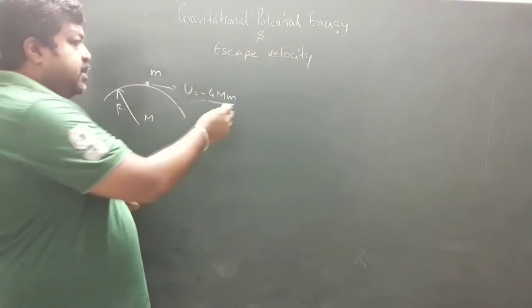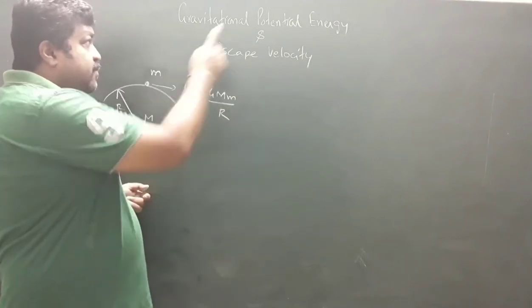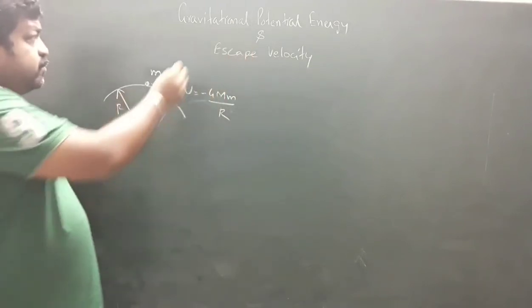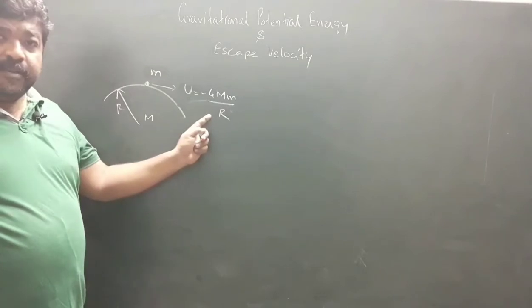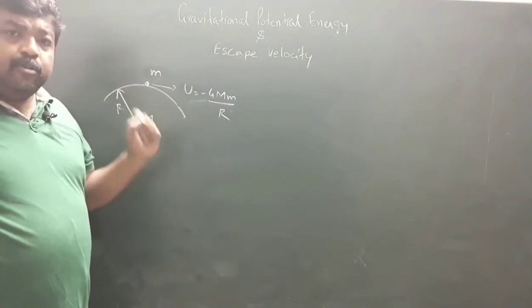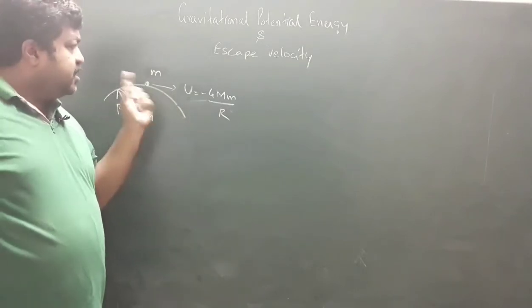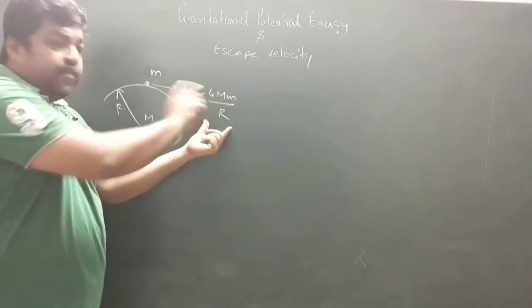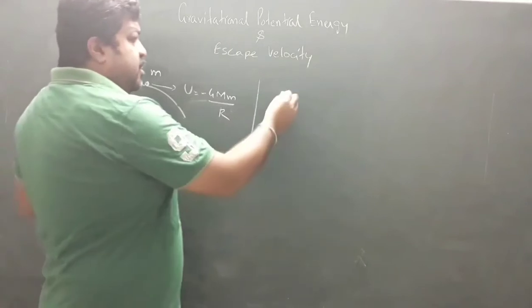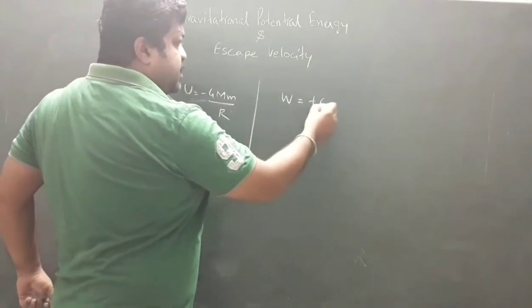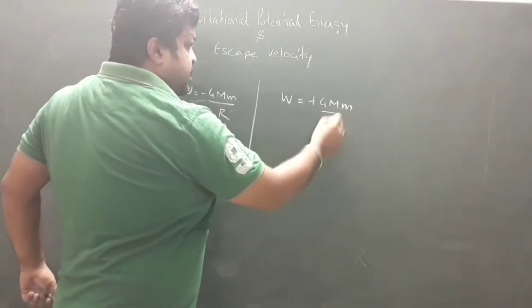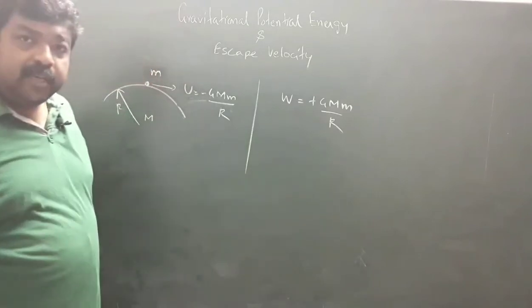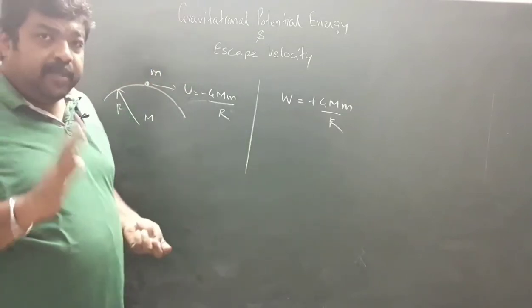So the amount of work done in taking this mass from the surface to infinity will be the negative of this, so that work done will be plus GMm by R.